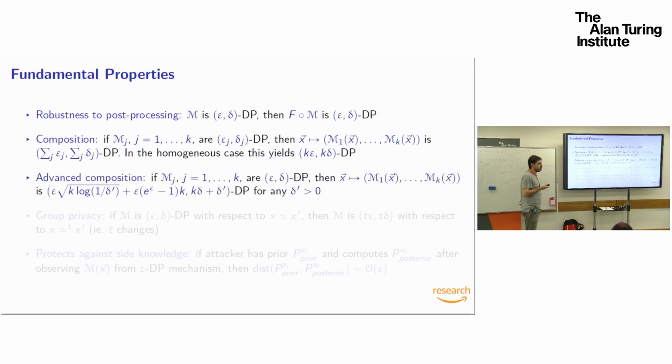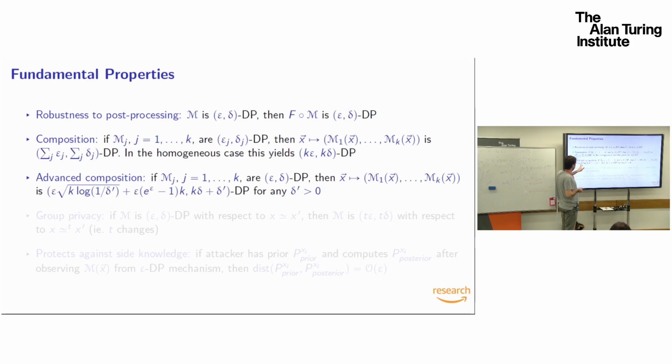So there's something called the advanced composition theorem, which in the homogeneous case basically says the same. So if you have k mechanisms, they're all epsilon-delta differentially private, and you look at the composition of them, then the guarantee that you're getting is slightly better. And this might look a bit scary, right? But if you think epsilon is very small, this term is like epsilon squared, and this one is like epsilon, so we can forget about it.